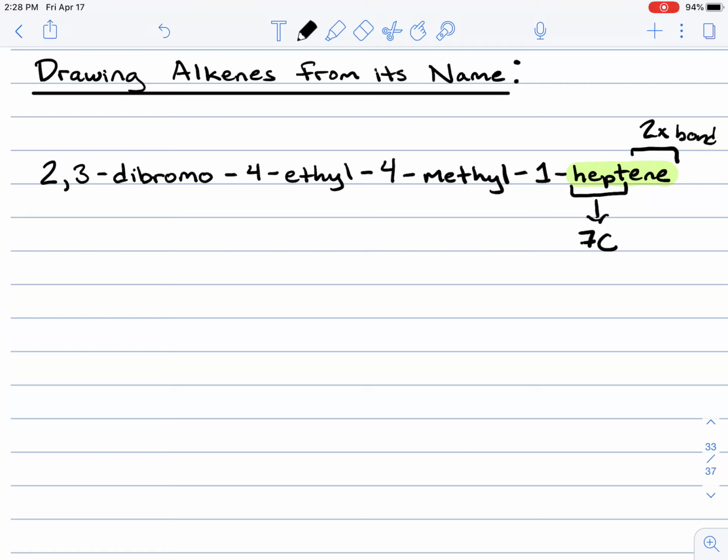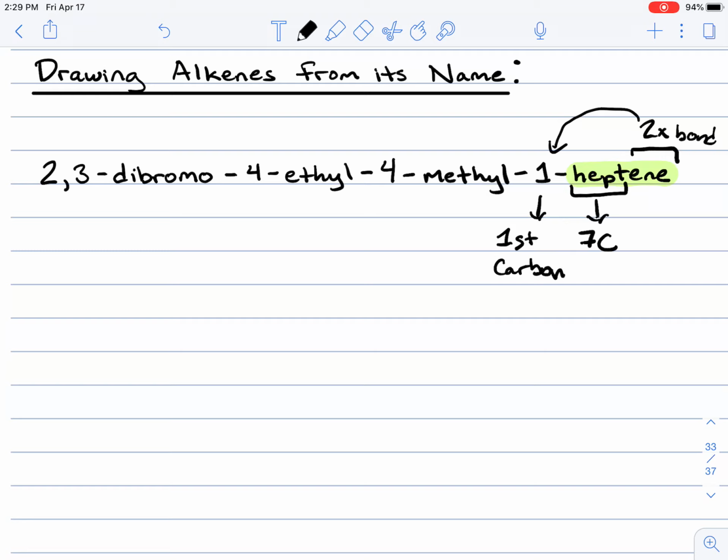For me to understand where the location is of that double bond, I'm going to have to look at the number before the hept, before the prefix that describes the number of carbons in my parent chain. It looks like I have a double bond on the first carbon of my parent chain.